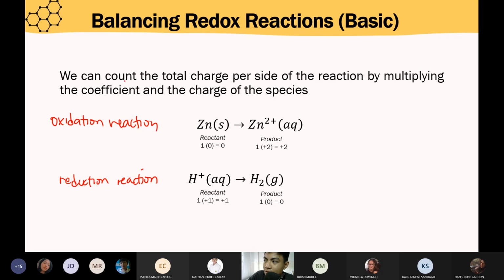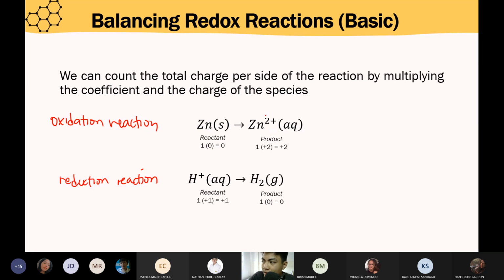Then, ang gagawin mo next is to count the total charge per side of the reaction. So when you say total charge, that's usually coefficient times the charge. So for the reactant here, ang coefficient ay 1, ang charge ay, pag walang nilagay, edi 0. So ano yung charge dito? 0. Kasi 1 times 0, charge is 0, diba?